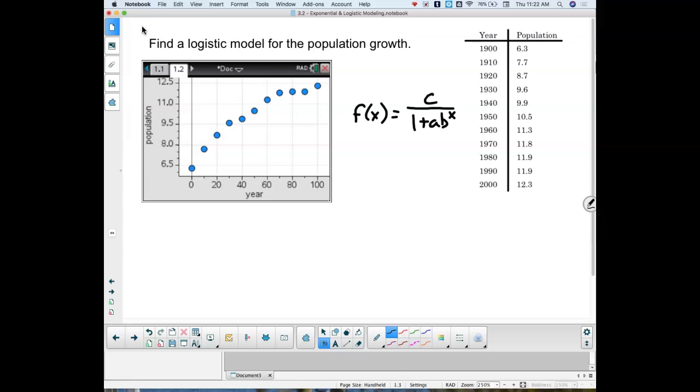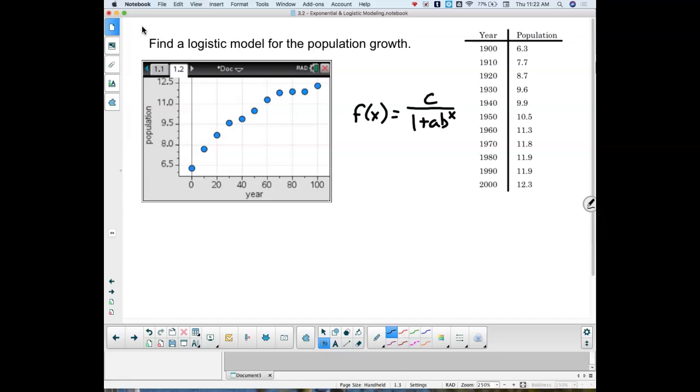Looking at my data, what would be a logical, realistic limit to growth for this town or state or whatever we want to call it? 12.5, rounded to 13, let's say.